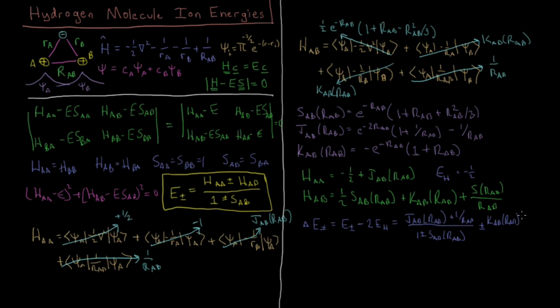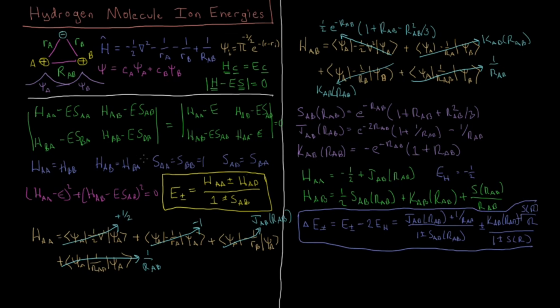Then we have plus this term here, S of R over R. I'm going to omit the subscript so that fits on the page, divided by 1 plus or minus S of R. Again, I'm going to omit the subscripts just for space reasons. So we have an expression here which is explicitly numerical for what this total energy is as a function of the separation of these two nuclei here.